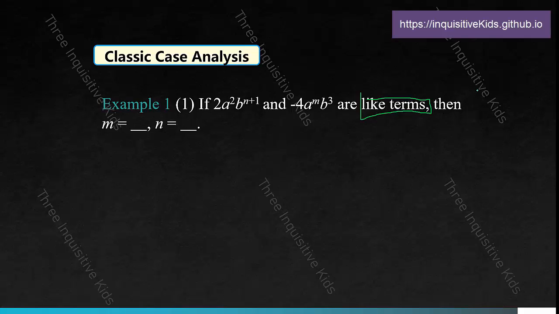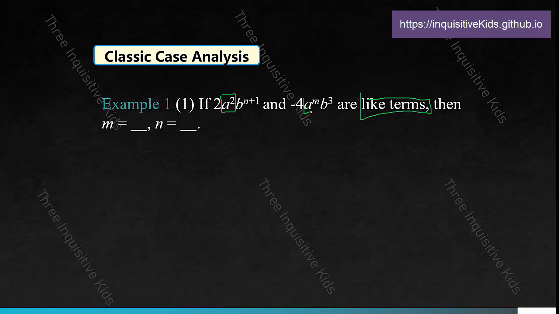So all we have to do is find out if they are the equivalent values between each of the variables' powers. That might seem a lot to you, but you'll definitely get it, and you will think it's so easy after I explain it a little more. Let's just first look at the variable a and its powers. For the first term, a is raised to the second power, or a squared.